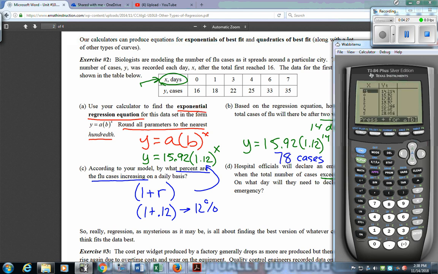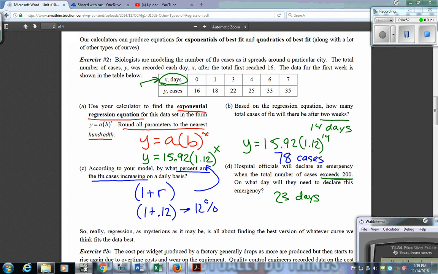So we're looking to get above 200. So I'm going to scroll down. We know 14 was 78, so it's going to be above that. So based on this, the first day we get above 200 is 23 days, which I'm getting from this point, because that's when it jumps above 200. It gets to 215.75, or 216.